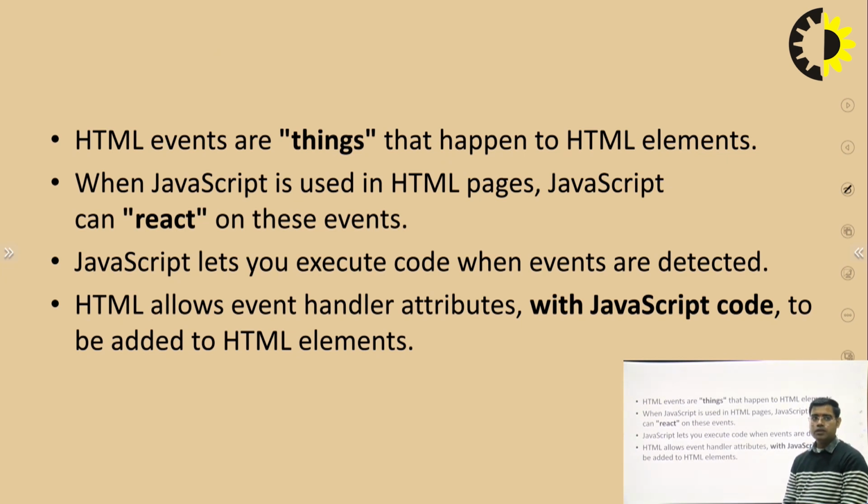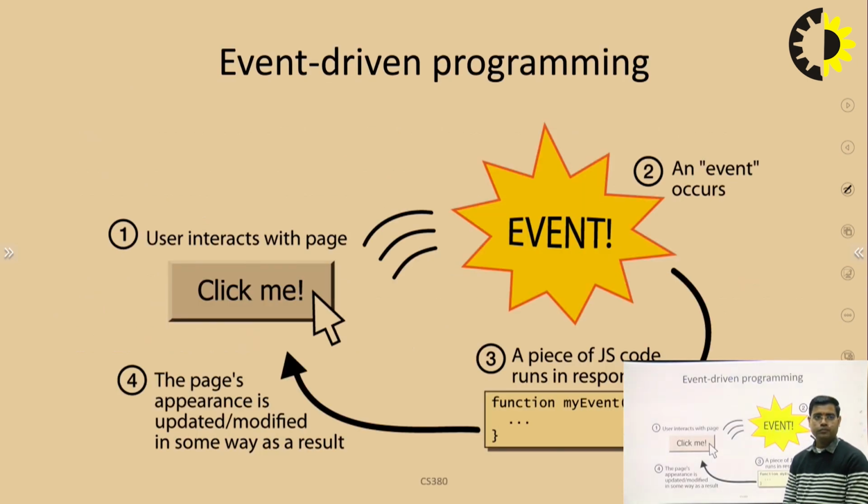When JavaScript is used in HTML pages, it can react to these events. So JS lets you execute code when events are detected. Then HTML allows an event handler attribute with the code called JavaScript.